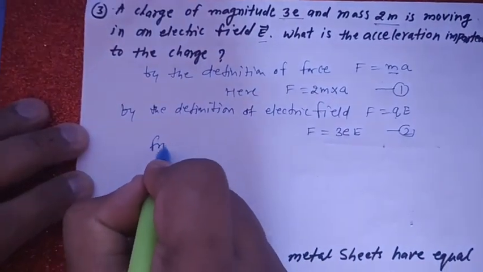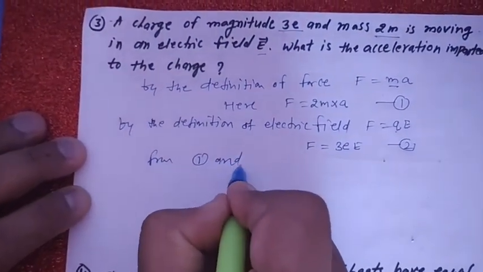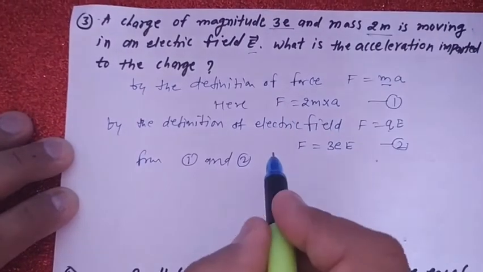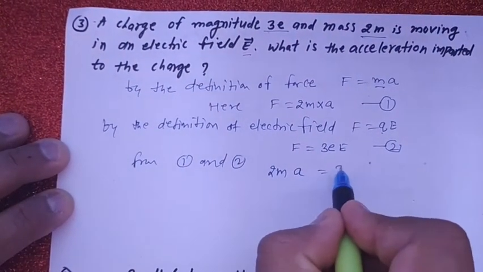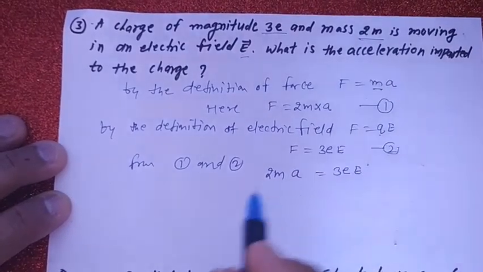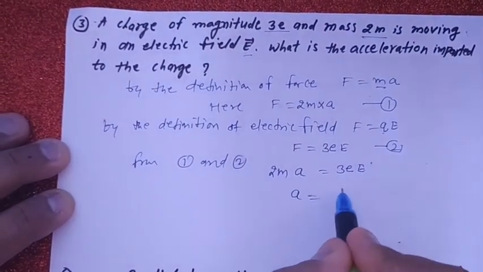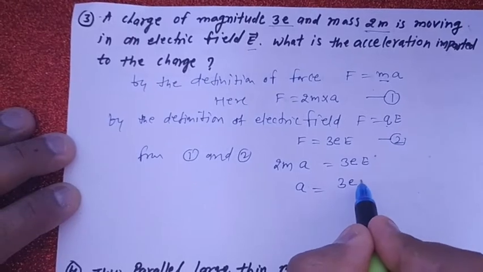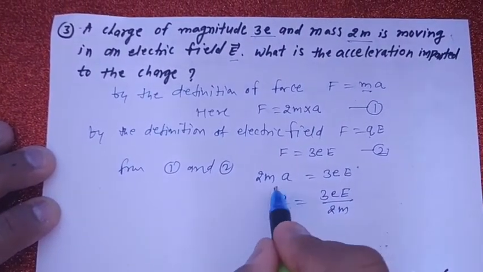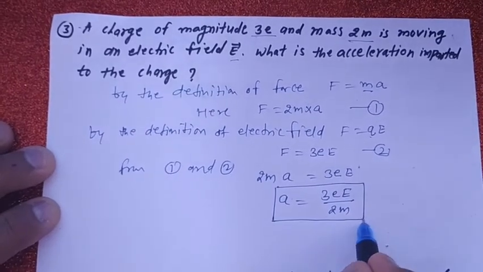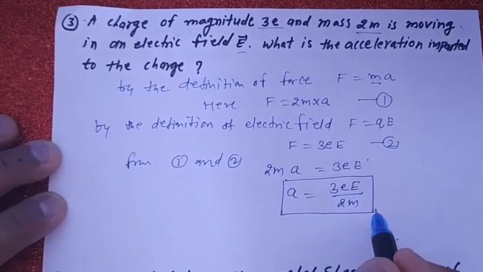So from 1 and 2, both are forces, so we can write 2ma equal to 3eE. So what is acceleration? a equal to 3eE upon 2m. This is the acceleration imparted to the charge.